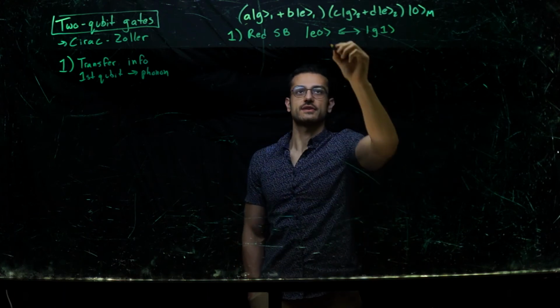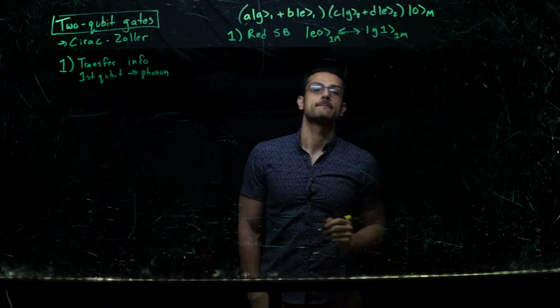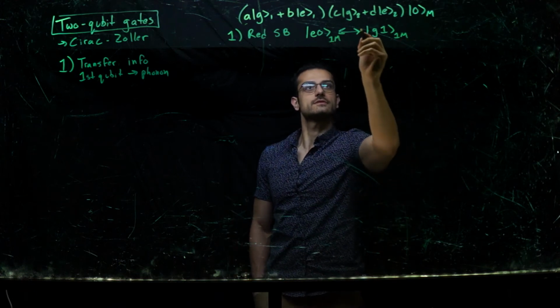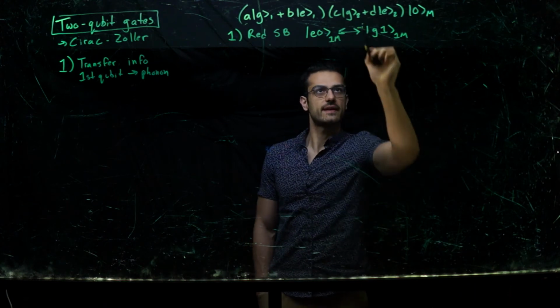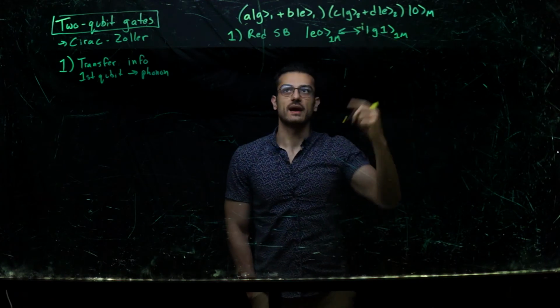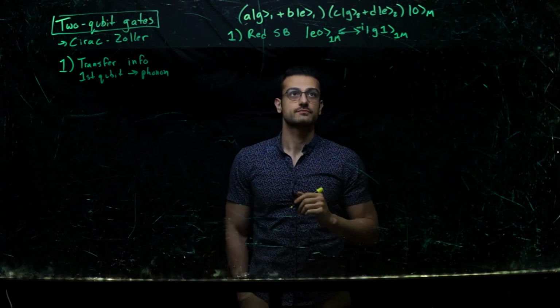We're going to do it on the first qubit in the phonon mode. And we're going to do this as a pi pulse. So if you go through the math, there's also going to be a phase here of minus i. The phase will be undone later on, so it's not an issue.